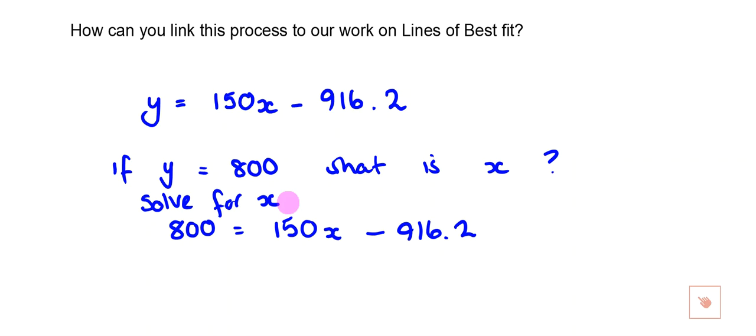Now, don't just give me the answer. What is solving for x? Find the value of x that gives me the answer to the equation. What's the answer to that equation?